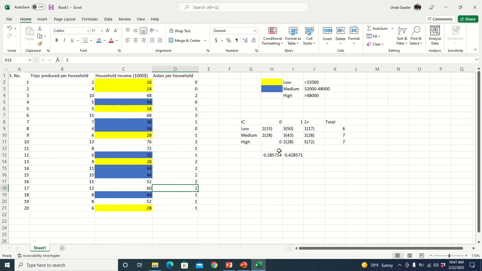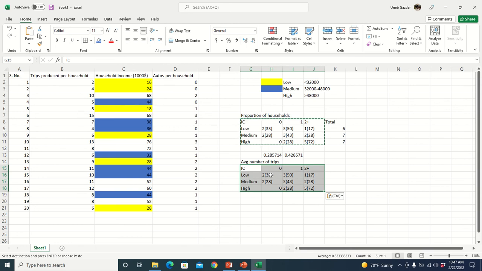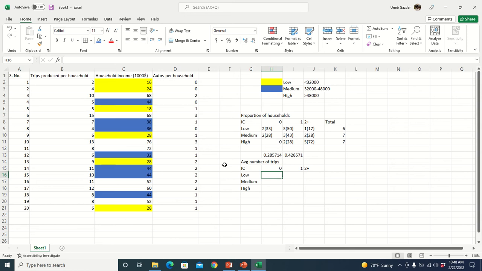Now I prepare another matrix. This matrix is showing the proportion of households for each category. Now I will prepare another matrix for average number of trips for each category again. So I will take this, I put it over here, but now the numbers will not show the proportion of household, they will show me the average number of trips.